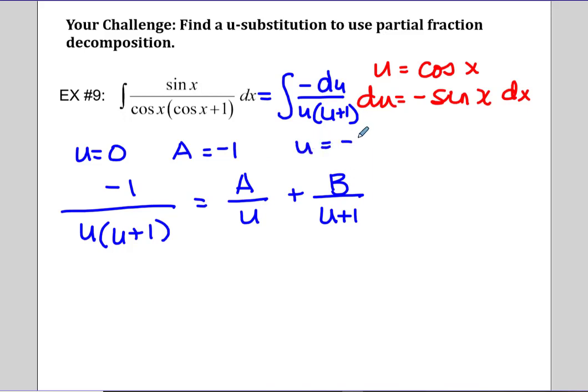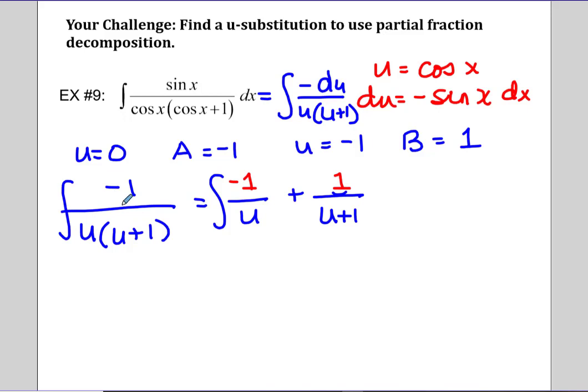If u is -1, and we cross multiply, then b is +1. So we have our a value and our b value, and then we're ready to integrate.